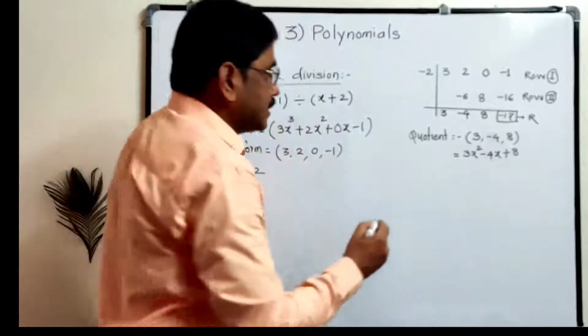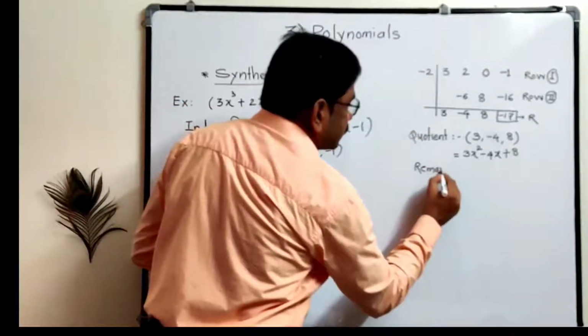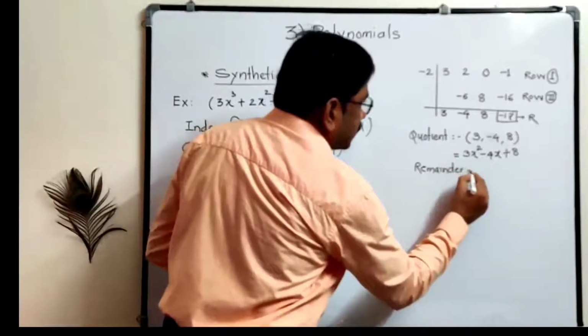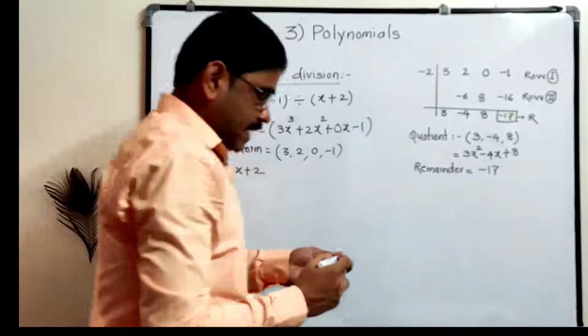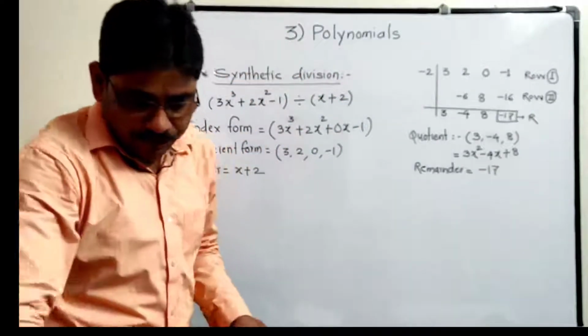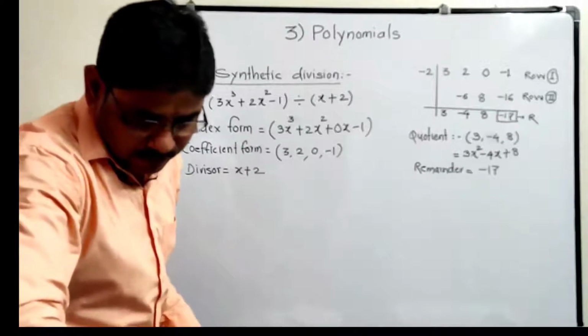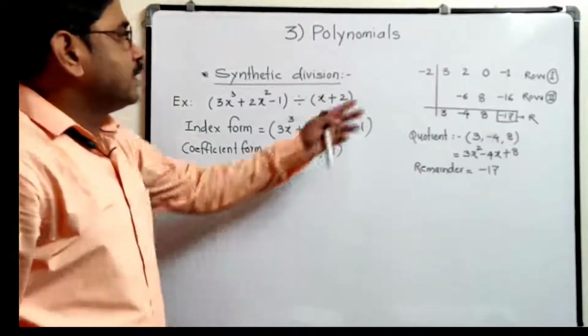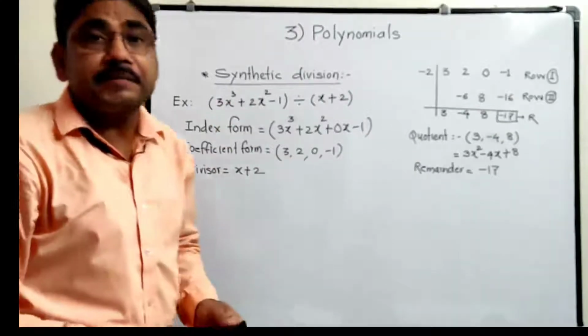This is the quotient. Remainder is the last number which is written in the box, minus 17. And if you have to write in the form dividend is equal to, then you can write it. So this is the synthetic division.